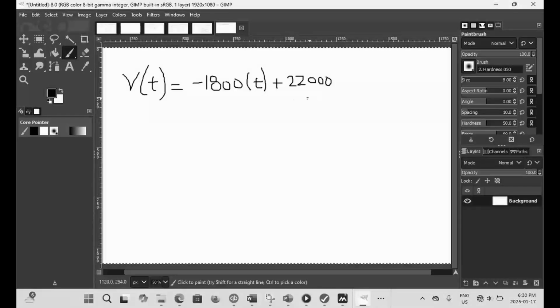Right off the bat, you know that this value over here is your base value, which will not change, which means this is possibly the retail value of the new vehicle.